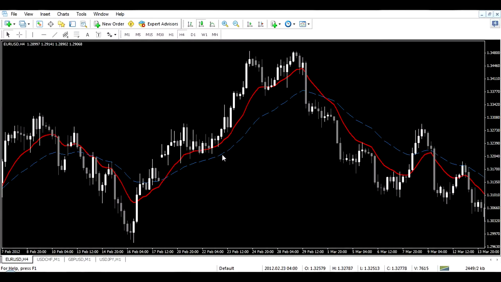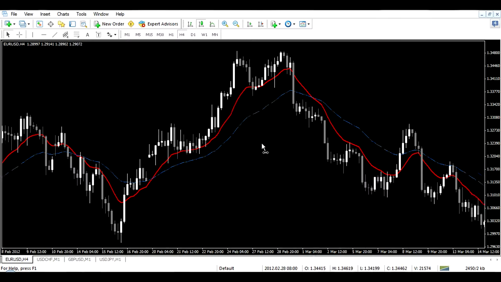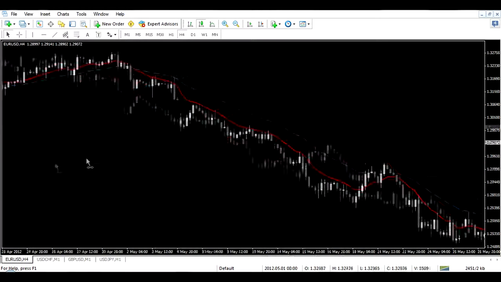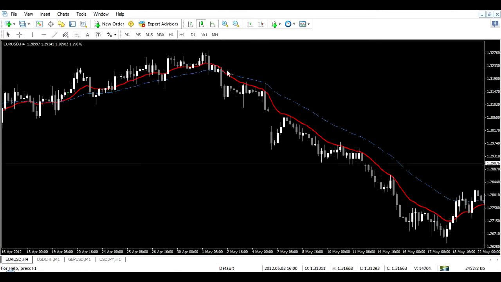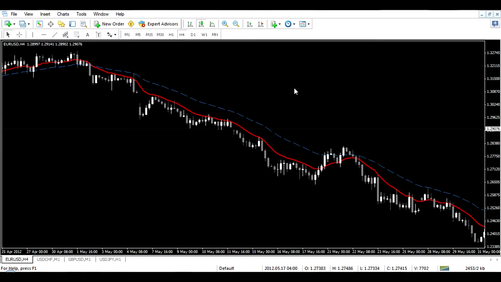The 34 EMA is the blue dashed line, and the 13 EMA is the thicker red solid moving average. When the 13 crosses above the 34, the medium-term trend is up. And when the 13 crosses below the 34, the medium-term trend is down.